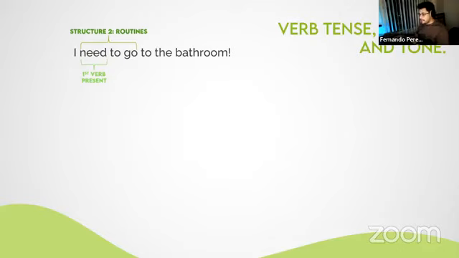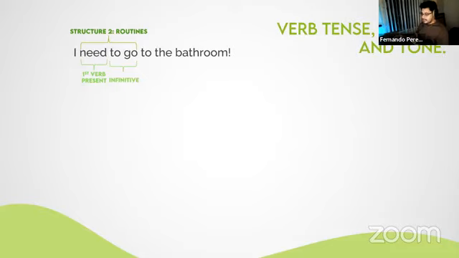And the second verb is something called infinitive. What is an infinitive verb?